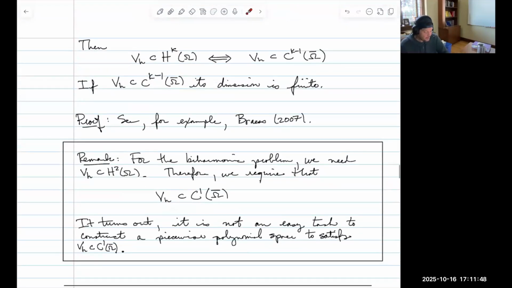So for the biharmonic problem, we need VH to be in H2, to remind you. And therefore, we need to require that VH is a proper subspace of C1 of omega bar, globally C1 functions. So it's not an easy task to construct a piecewise polynomial space to satisfy this, but it is possible.